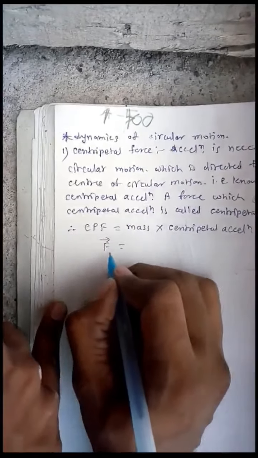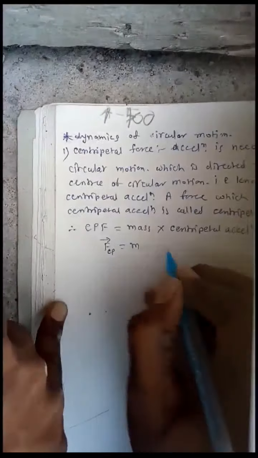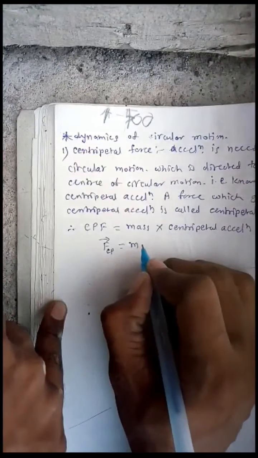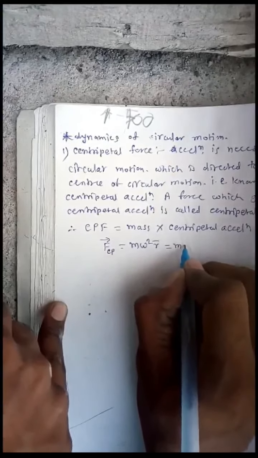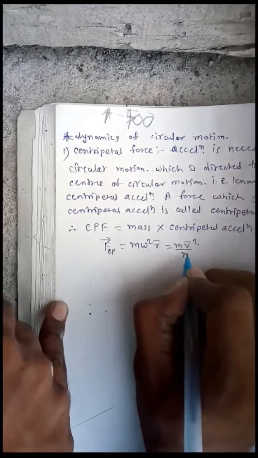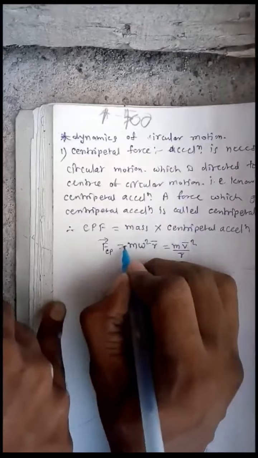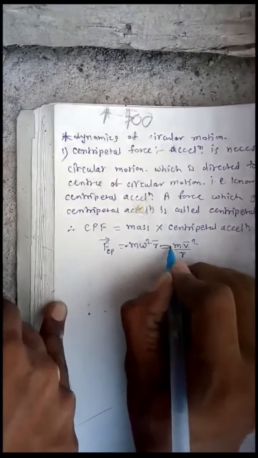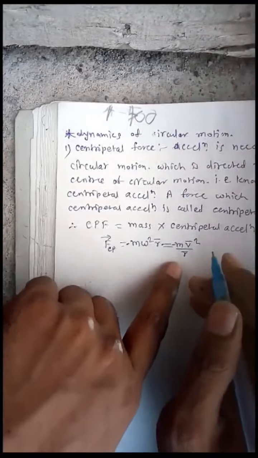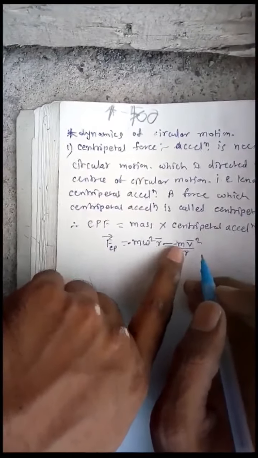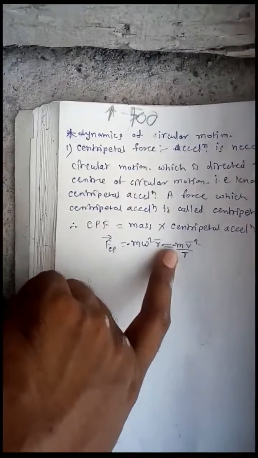So F vector, the centripetal force, is equal to m times centripetal acceleration, minus m omega square r vector, that is equal to minus m v square divided by r, r vector. There is a negative sign because centripetal acceleration is directed towards the center, along the radius vector but in the opposite direction.